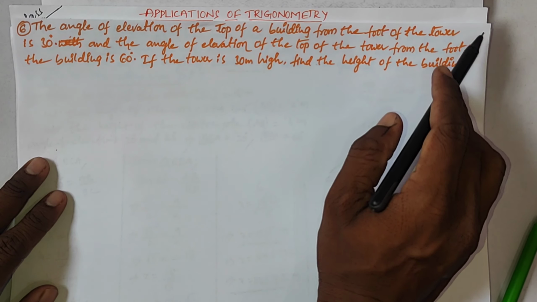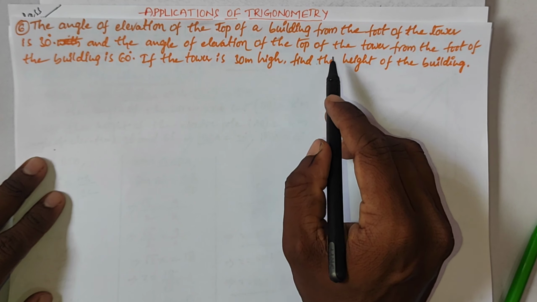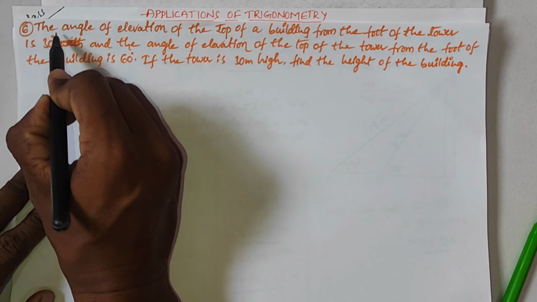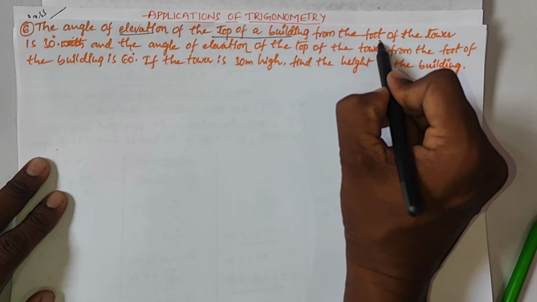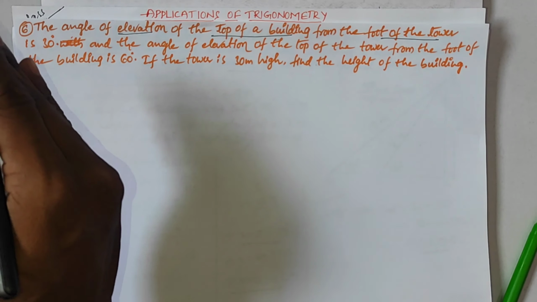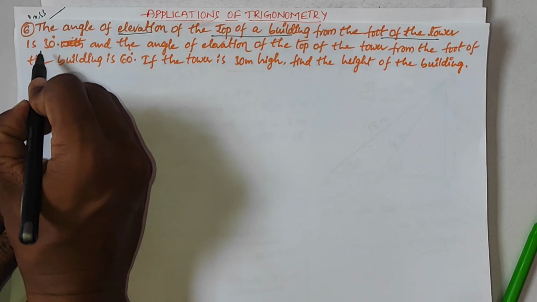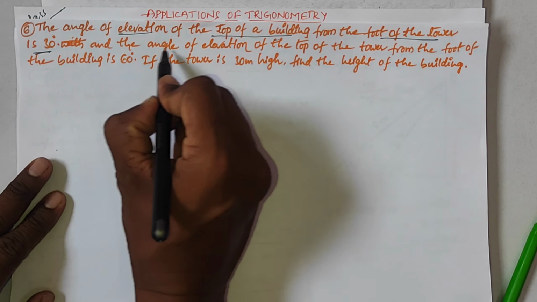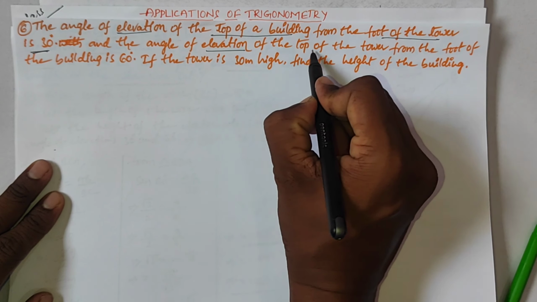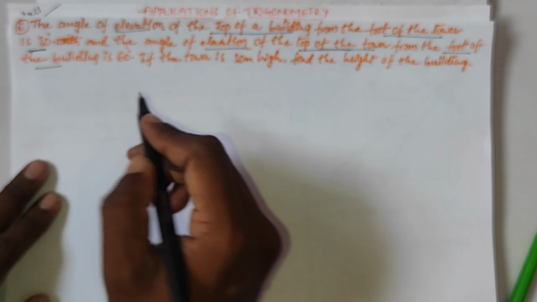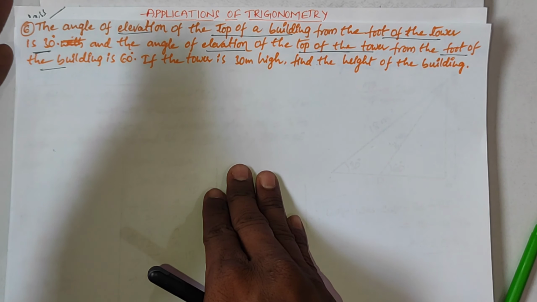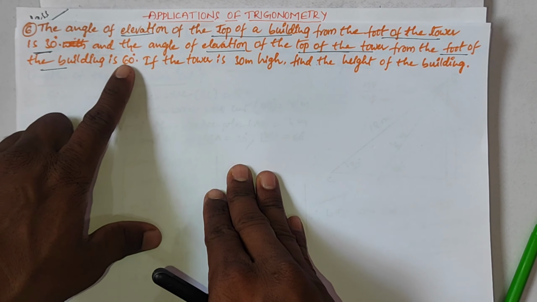Okay, again given about a building and a tower. So what is said in this question: the angle of elevation of the top of the building from the foot of the tower is 30 degrees, and the angle of elevation of the top of the tower from the foot of the building is 60 degrees.